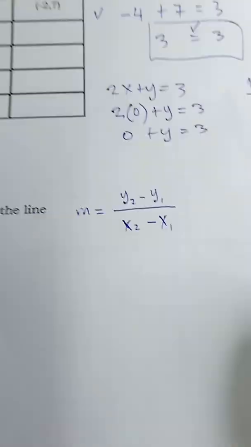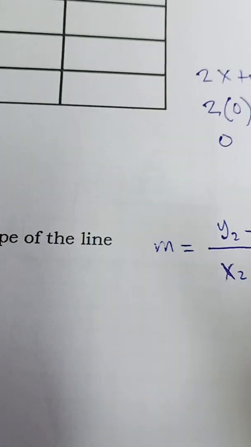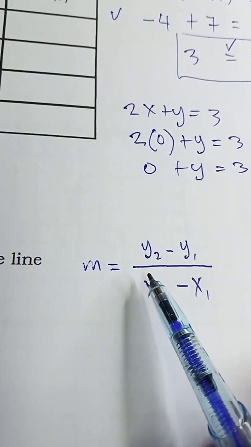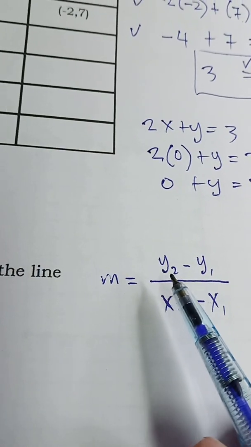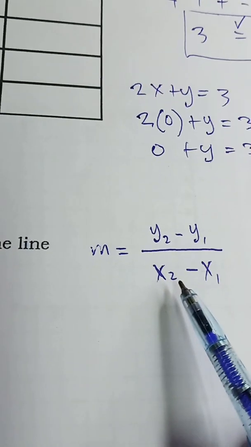To answer this, all you need is to use the formula in finding the slope of the line. M for the slope is equal to a fraction, the numerator is y sub 2 minus y sub 1 all over x sub 2 minus x sub 1.